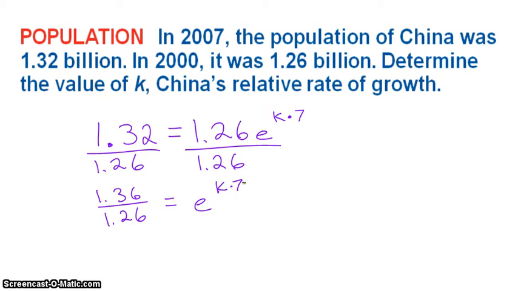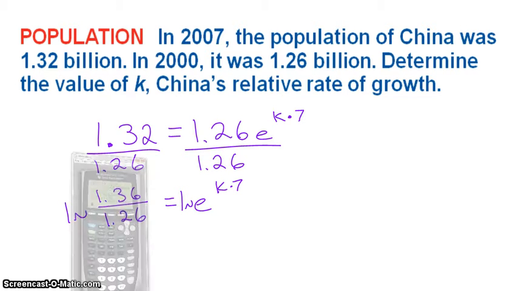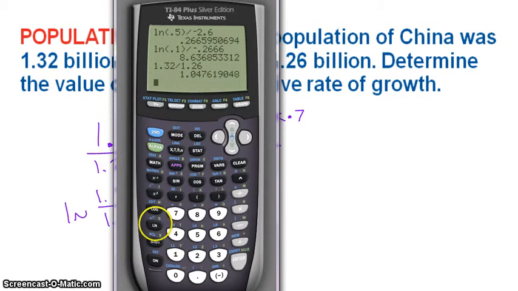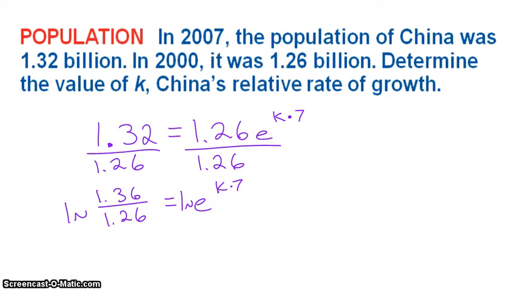As you may have guessed, we are indeed going to take the natural log of both sides. So I'm going to take the natural log of that number I just found. I can pull up my answer by hitting second negative. Again, I'm going to leave that in my calculator for purposes of not having too much rounding.